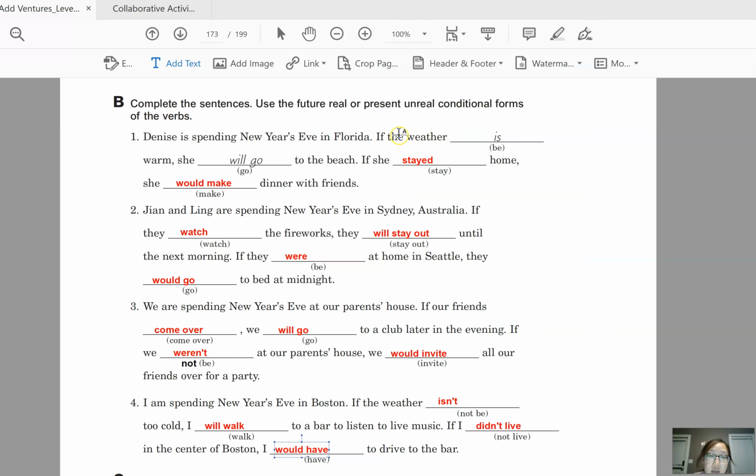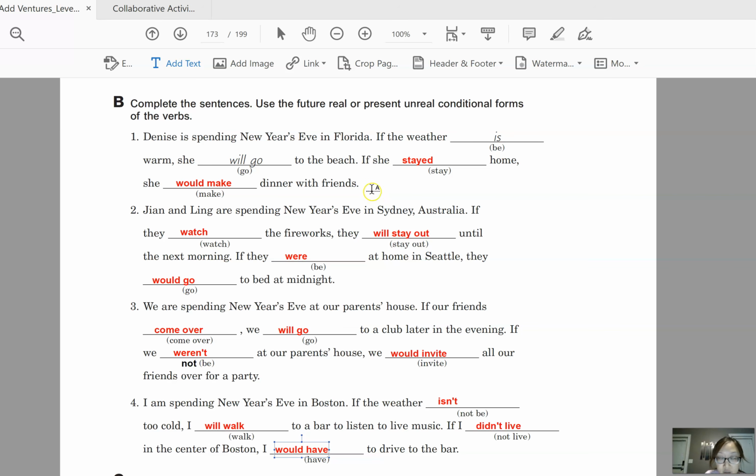So the question should include the if clause. Now let's look at the present unreal conditional. If she stayed home, she would make dinner with friends. So we can ask, what would she do if she stayed home? Or if she stayed home, what would she do? The form is the same.